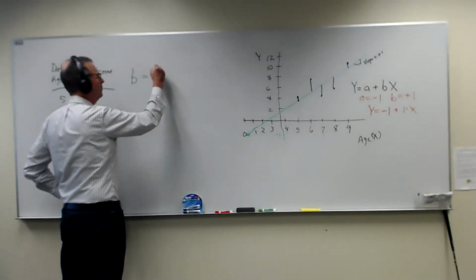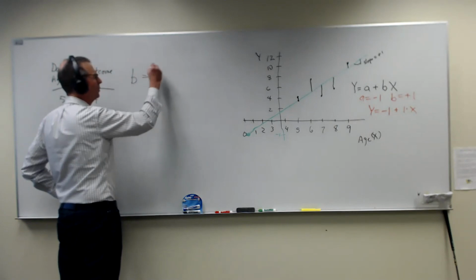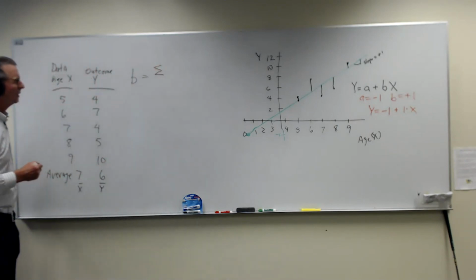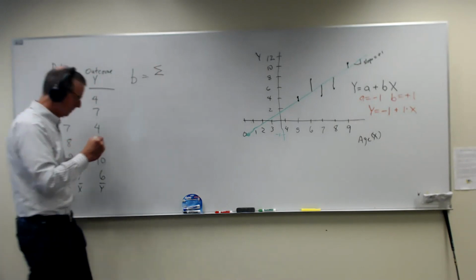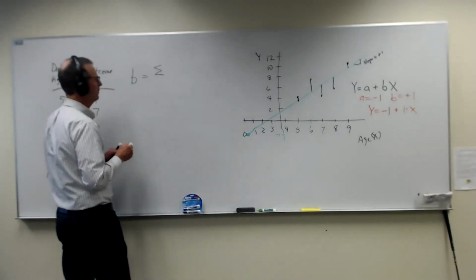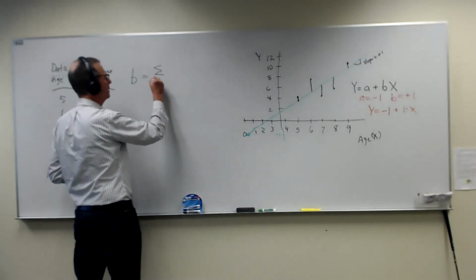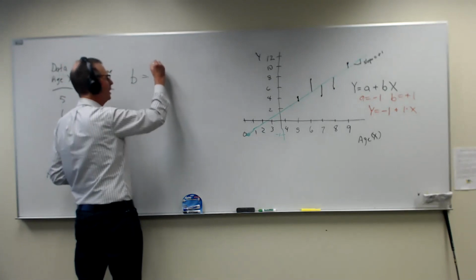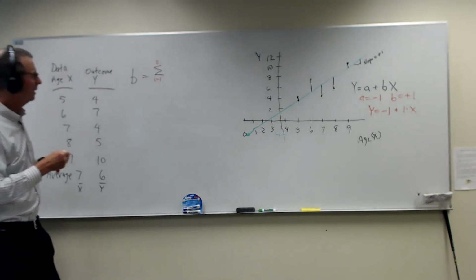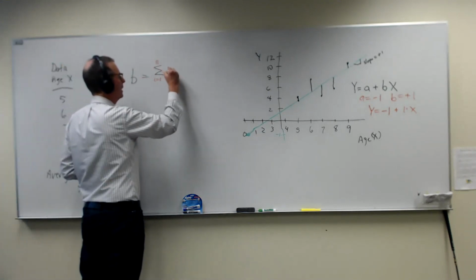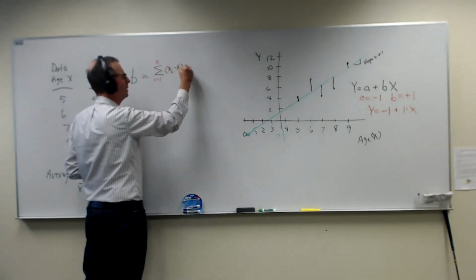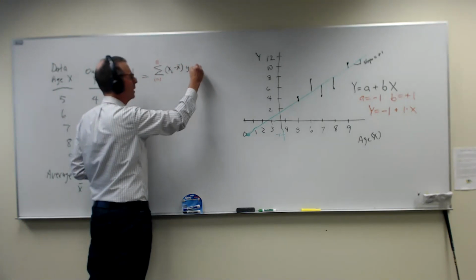If you look at Gordon, if you look at Wooldridge, and if you look at Paul Ellison, we've got the basic formula for a slope. It is the sum, as the cases go from 1 to however many cases there are, of xi minus x bar times yi minus y bar.